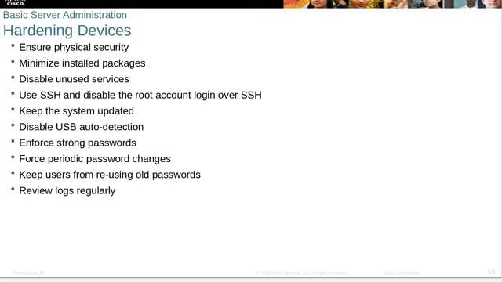SSH uses high-level encryption. Do not use Telnet, which sends everything in clear text. Keep the system updated: latest updates, service patches, kernels, etc. Disable USB auto detection. Enforce strong passwords. Force periodic password changes. Keep users from reusing old passwords, and always review your log files regularly.